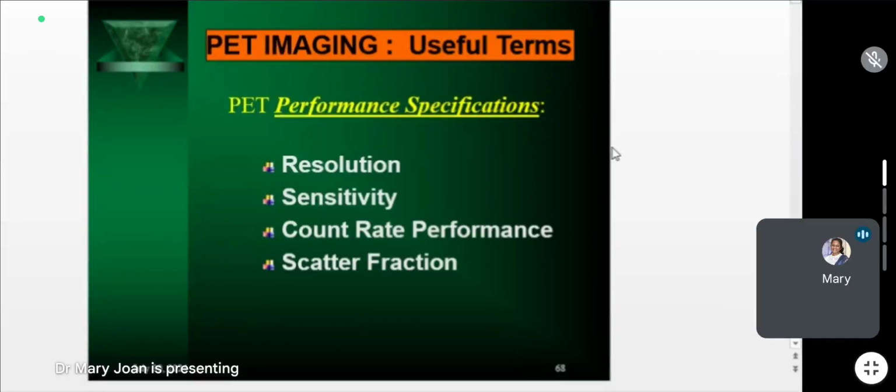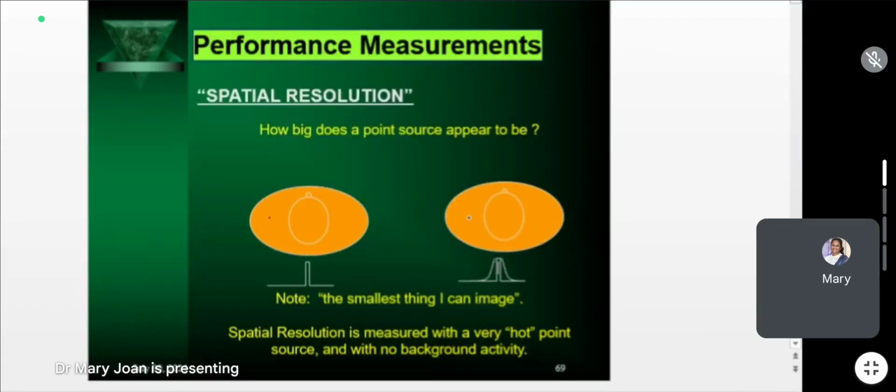The other useful terms related to performance specifications of PET are resolution, sensitivity, count rate performance, and scatter fraction. Performance measurements: spatial resolution. You know what spatial resolution is? It is the same here also.